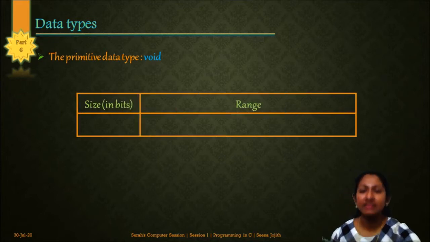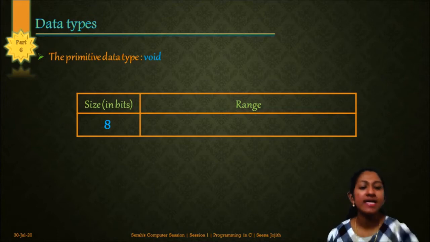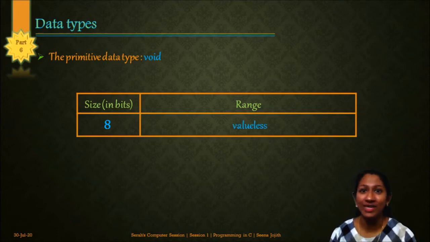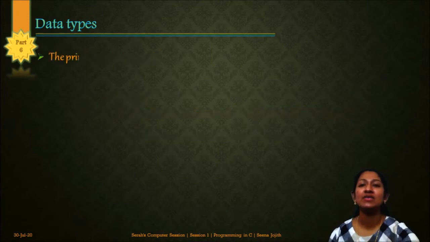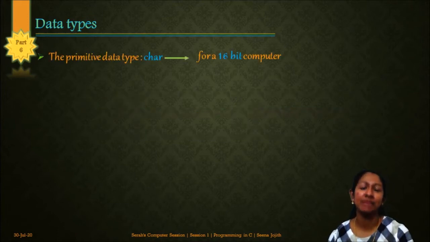So we'll look into the size allocated for void. Whether it is a 16-bit machine or a 32-bit machine, the size allocated is 8 and the range is valueless because it doesn't store any value. But a minimum amount of size should be allocated as it is a data type. Next we'll move on to the char data type, and that too for a 16-bit computer.